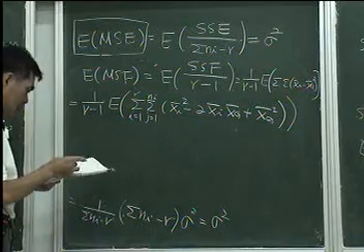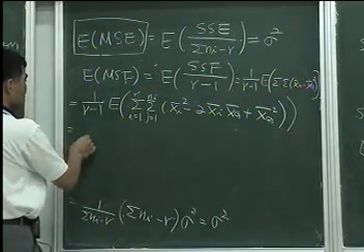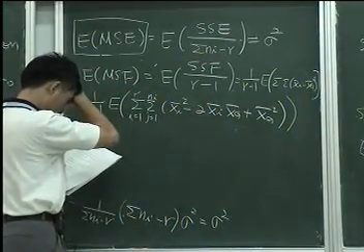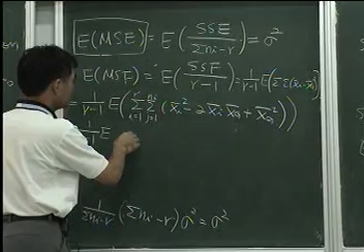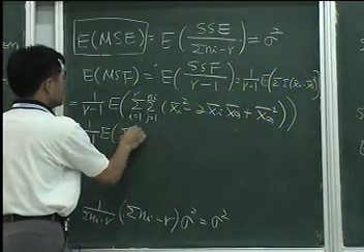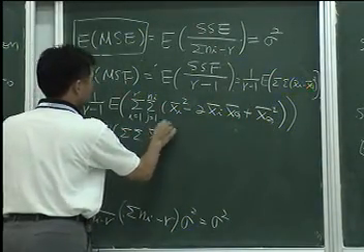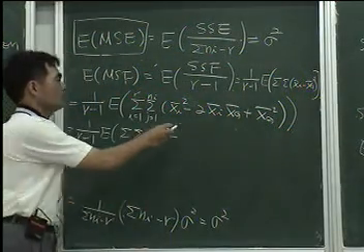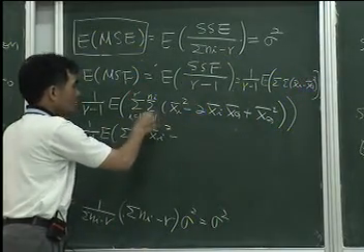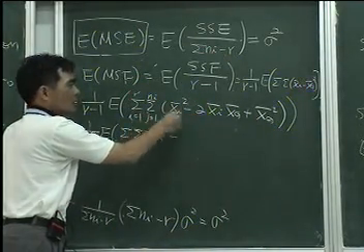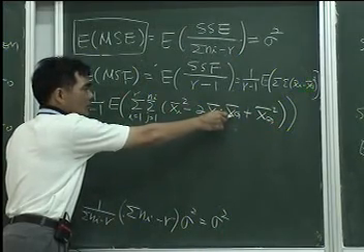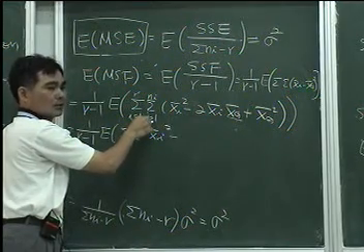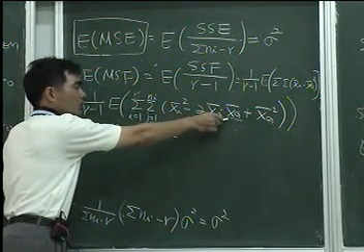Okay, then let us try to expand it again. Expectation, okay? Summation x bar I squared minus, this one is I, right? This one is J. And this one is x bar G. So as you can tell, actually x bar G is not affected by J, right? This is a constant. So we can move that thing out.